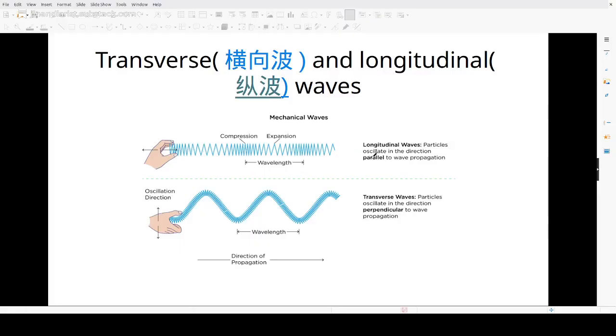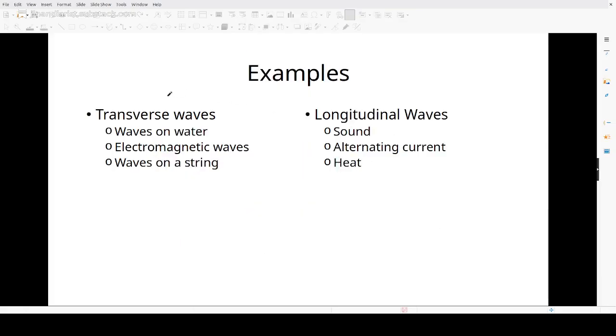They compress and expand, and the wave moves in a direction parallel to the medium. Here are some examples of both transverse and longitudinal waves. Electromagnetic waves are transverse. Waves in a string, water, sound, alternating current, and heat are longitudinal. The mathematics for them, for now, is going to be the same.